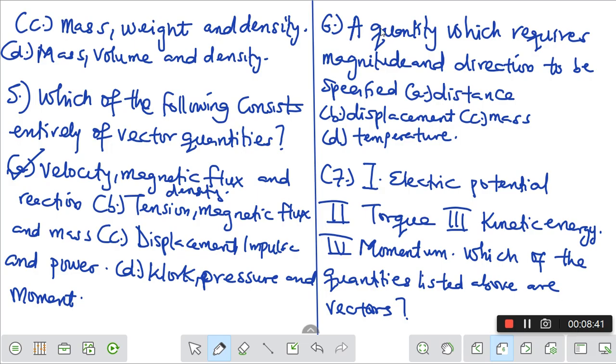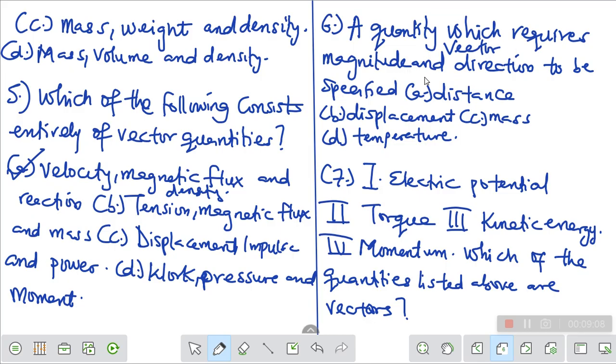So a quantity which requires magnitude and direction to be specified is A, distance, B, displacement, C, mass, E, temperature. What they are asking us here is which one is a vector quantity. They are just using a trick to trick us. So if you look at option A, distance is a scalar quantity, mass is a scalar quantity, temperature is a scalar quantity. The answer is displacement.